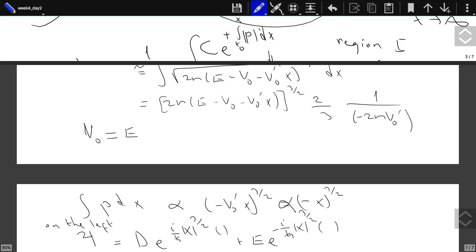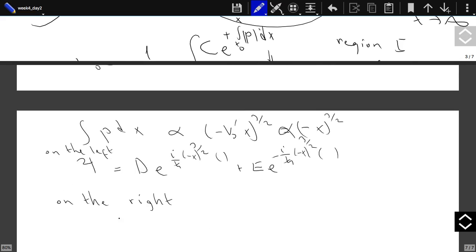On the right-hand side, we have this i, or if you want, I can just put this minus x to the 3/2, which is a real number. So this is our oscillatory solution. On the right, our solution is e to the power minus some coefficient times x to the power 3/2. This is on the right.